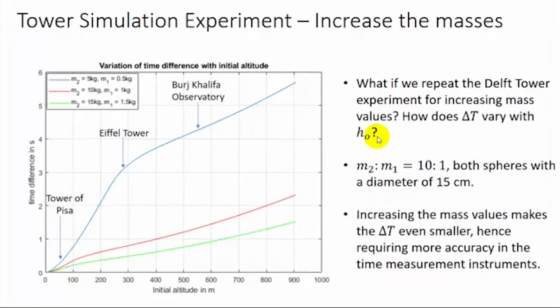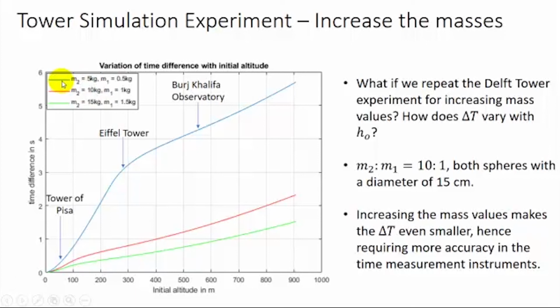Moving on, what would happen if these experiments were conducted with increasing masses? The previous two slides consider the two masses being 5 kilograms and 0.5 kilograms. What if we maintain the ratio of 10 to 1, but we increase the value of the masses?